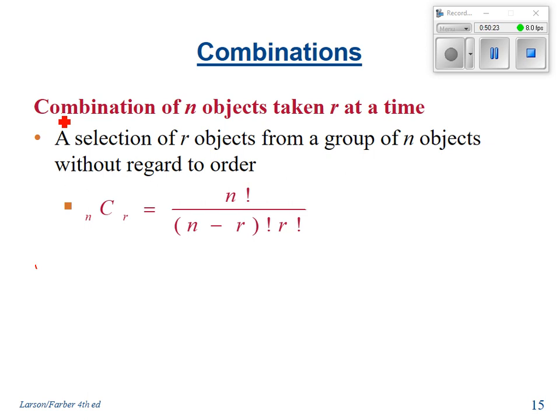No. So if we're picking a committee to go talk to Mr. Harrison about letting Mr. Ebersole retire early, we need a committee like that. It doesn't matter which order you get picked in, as long as you're picked. All right? And that's where this extra part of the formula comes from.